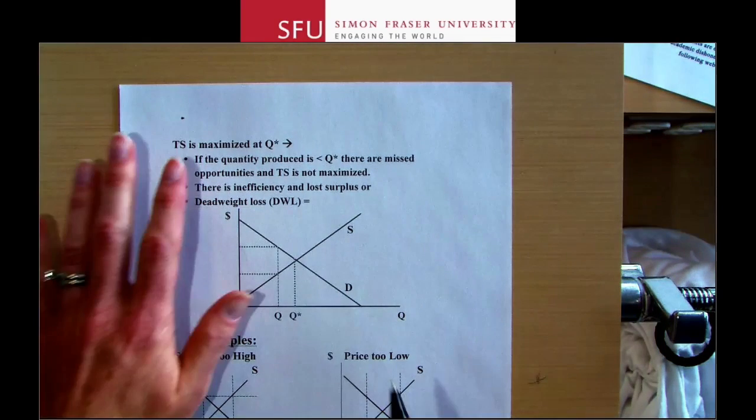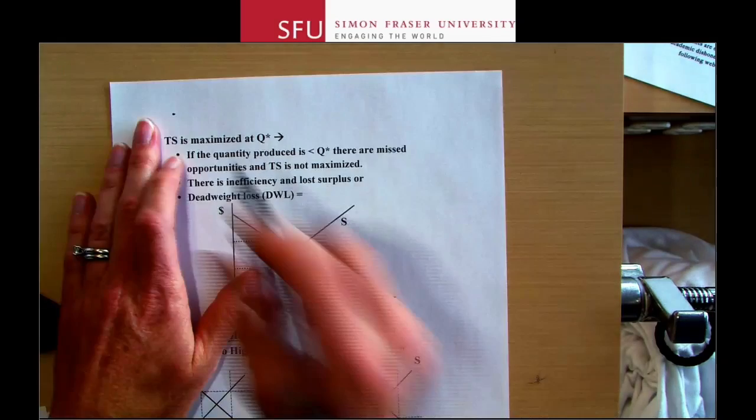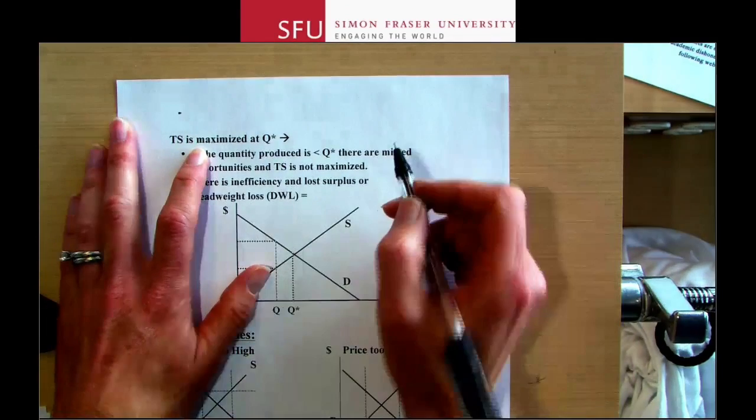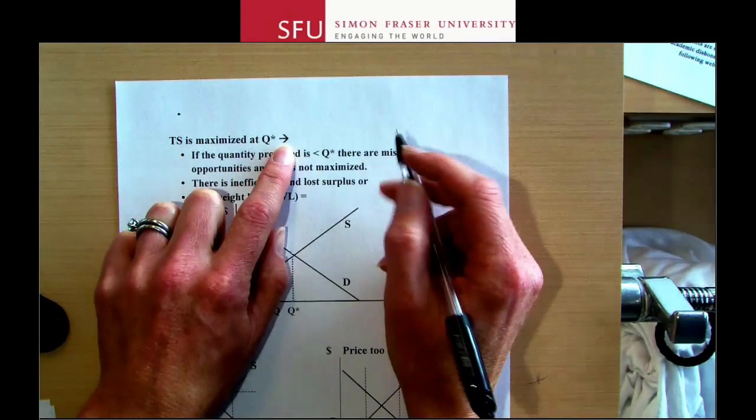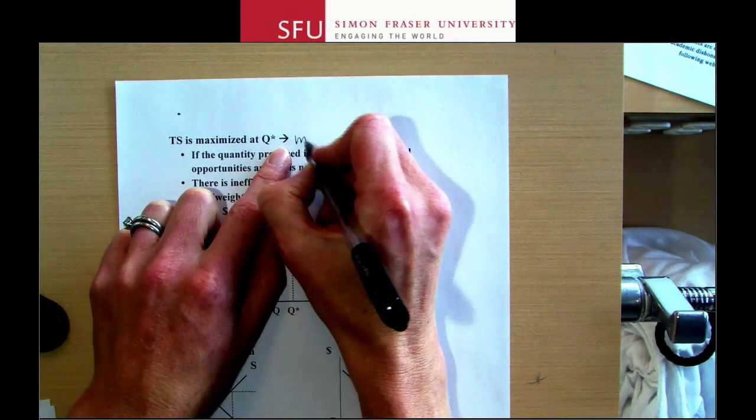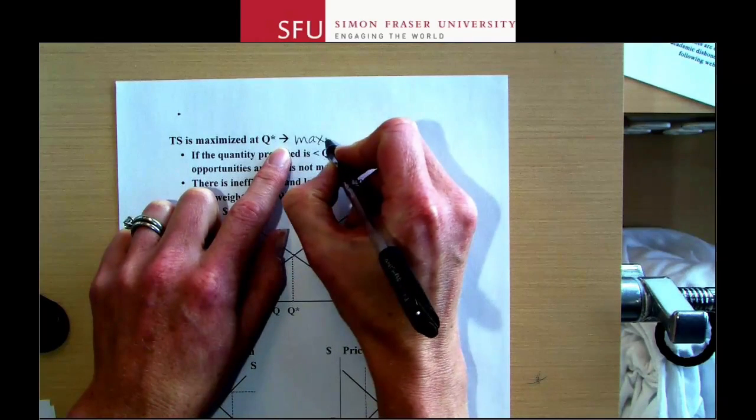Okay, so looking on the next page, total surplus is maximized at Q star. So that means you're getting maximum gains from trade.